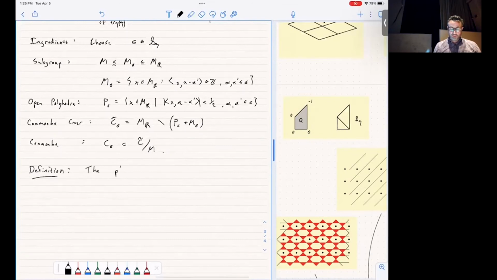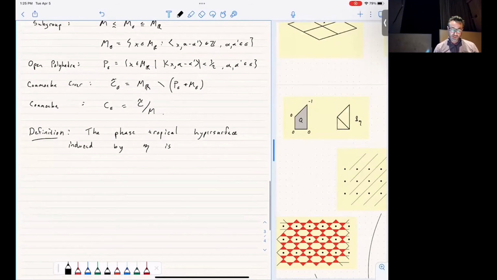So the phase tropical hypersurface induced by eta is given by just this, I'll denote it script T sub eta.